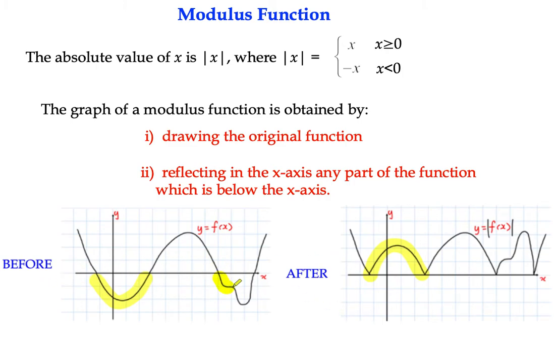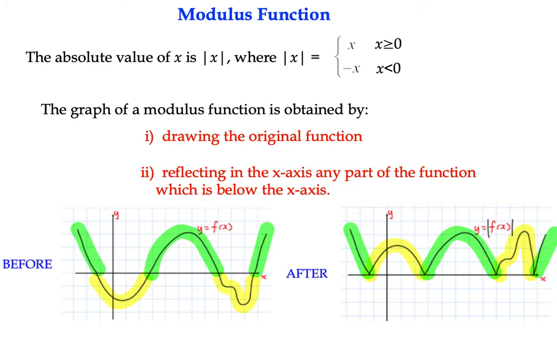Similarly down here, we've got negative values, and we then have to flip it up the way, reflect it in the x-axis, so it goes like that. And you'll notice that the parts that were originally above the x-axis stay above the x-axis in their original form, and all the x-intercepts stay exactly as they are.